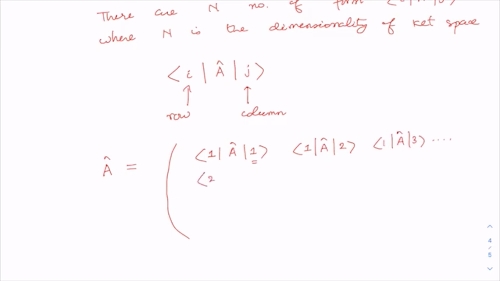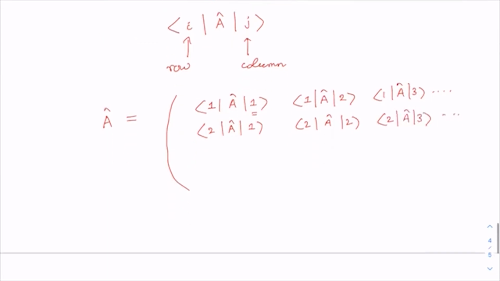And here I will have the second row, first column, second row, second column, second row, third column, and so on. And then I will have the third row, first column, third row, second column, and then third row, third column, and so on.